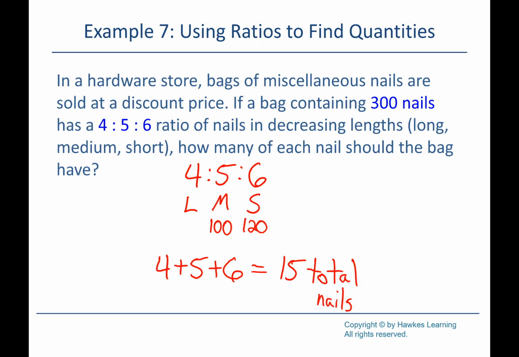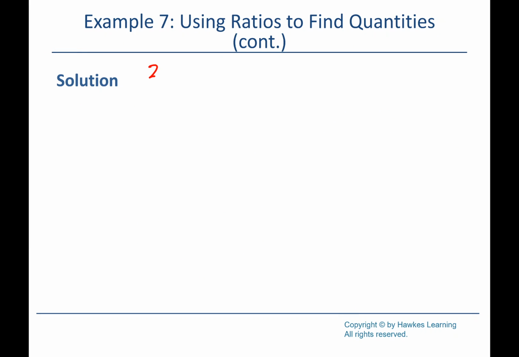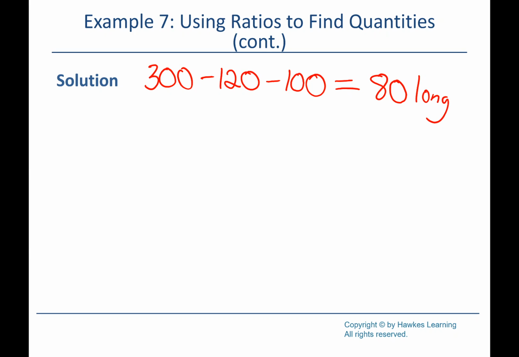So yeah, if you don't like ratios, you can be finished with those now. Okay, so got a total of 300 minus the 120 shorts minus the 100 mediums. We get 80 long nails. Finished it.